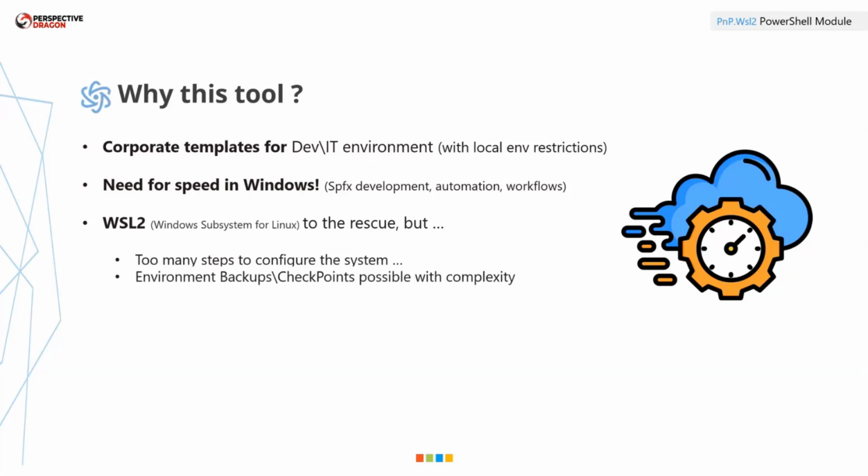It's a quite powerful tool, but it has too many steps to configure, and there are no checkpoints. Actually there are, but it's a little bit complex and a lot of command lines to hit to reach that goal. And on top of those templates, the idea was and is to add other tools on top of the container in an easy way. Basically, as packages.